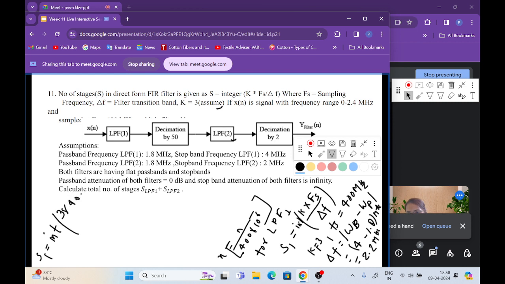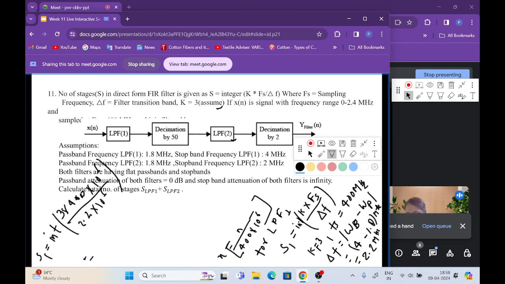Here it is overwritten by the block diagram, I will correct it and then upload it. 400 into 10 to the power 6, then del f, the transition value, is 2.2 megahertz.